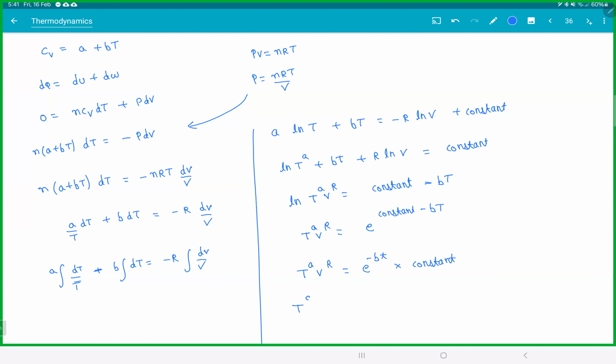So temperature to the power of A, volume to the power of R, and e to the power of BT is constant. That's the relation. Check. Options will be like this only.